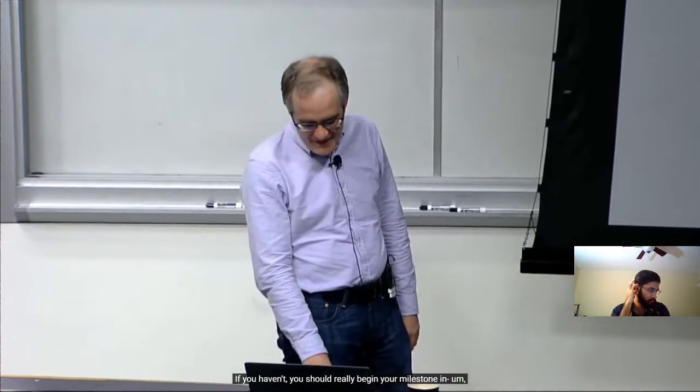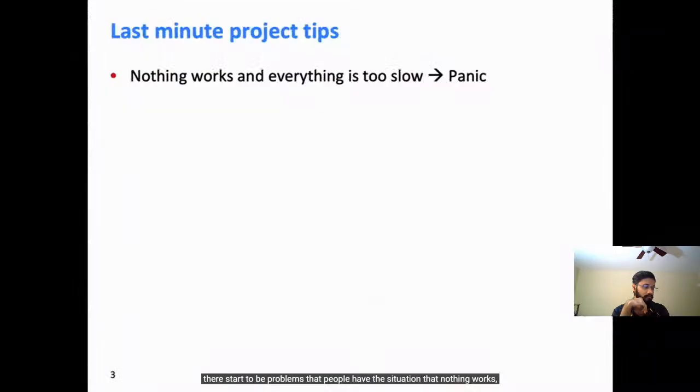So hopefully everyone has submitted their milestone for their final project. If you haven't, you should really be getting your milestone in. It's inevitable that somewhere around here people hit the situation where nothing works and everything is too slow and you panic.